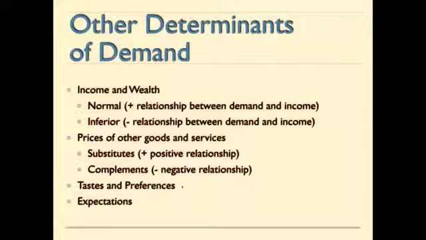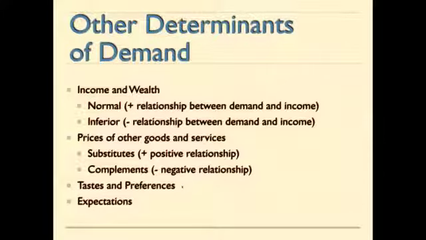People's tastes and preferences can change because of a news item. Maybe there's some news saying that this particular food has beneficial health properties that would increase people's demand for that product. Or there's a negative connotation with eating a particular product. Maybe it's linked to cancer or other ailments, and people shift away from buying that product.